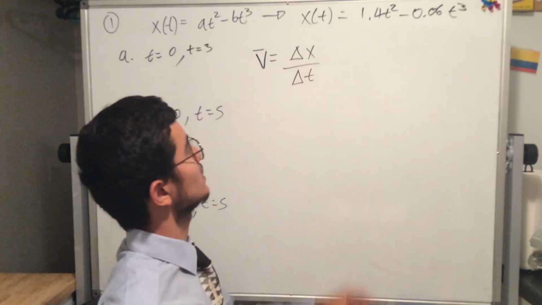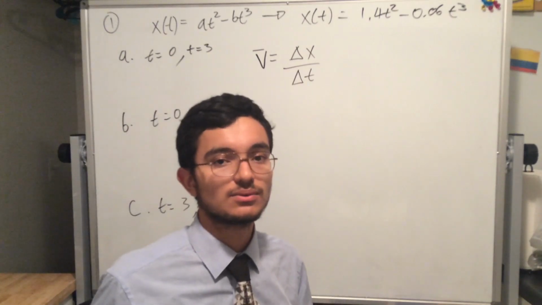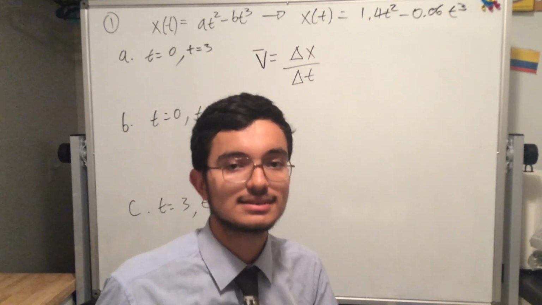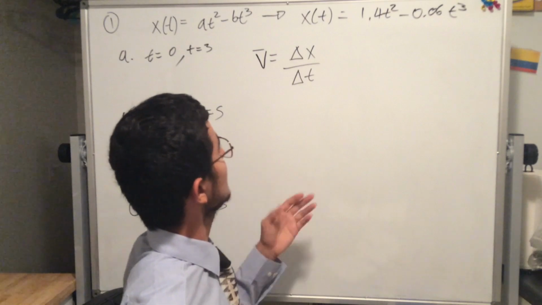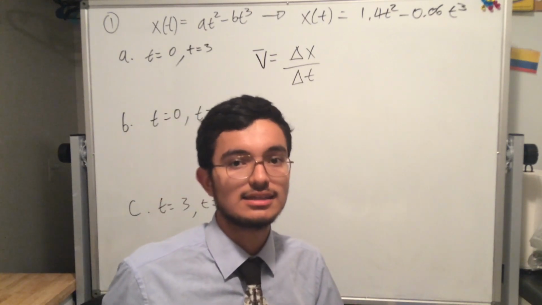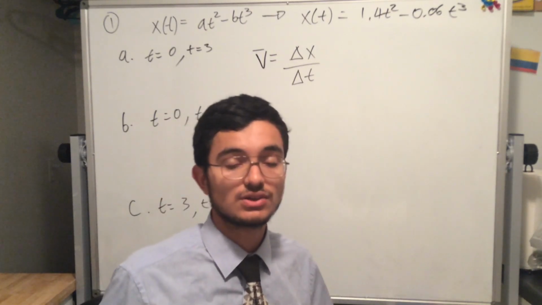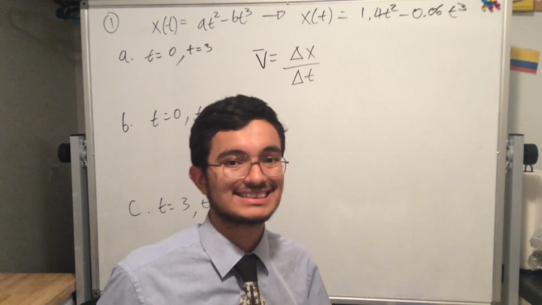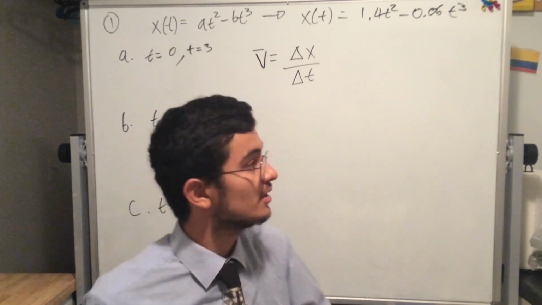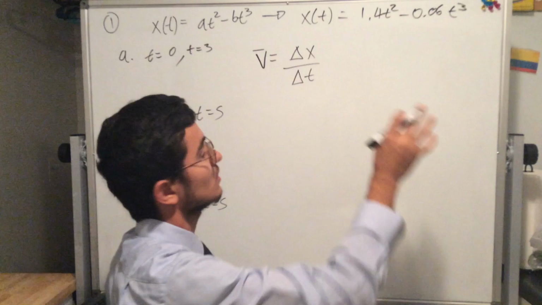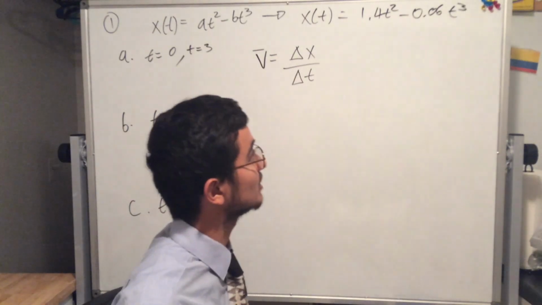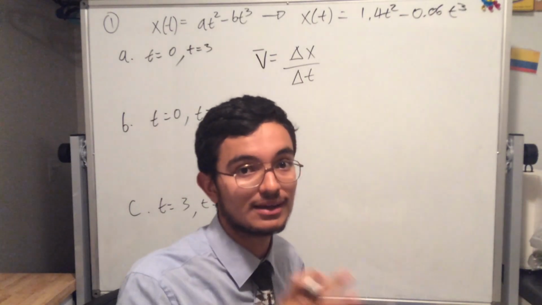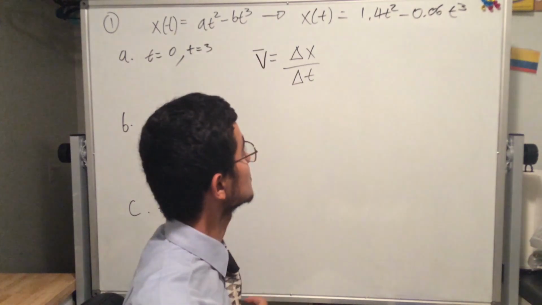So this equation over here is just the general equation for velocity. This is the definition of velocity or average velocity, and it can be used for any type of function regardless of whether acceleration is constant or not. So who cares if acceleration is not constant or is constant in this problem? We can use this equation and it will apply for those type of problems.